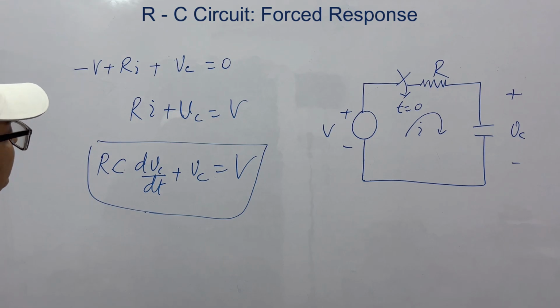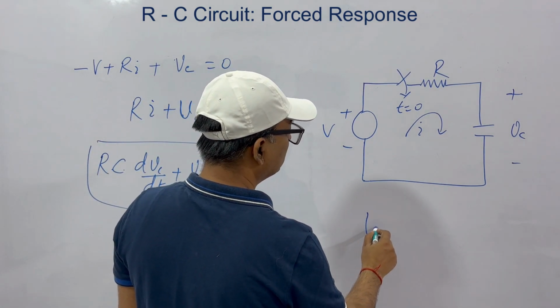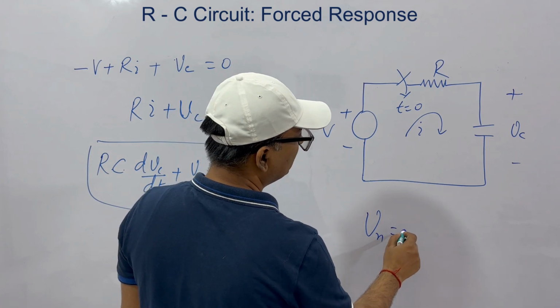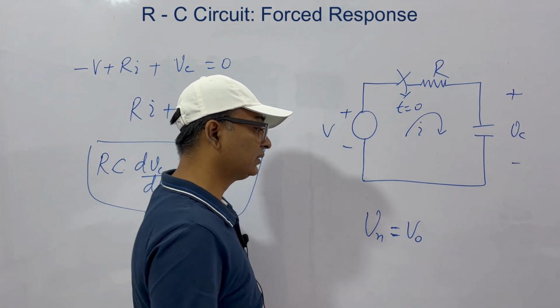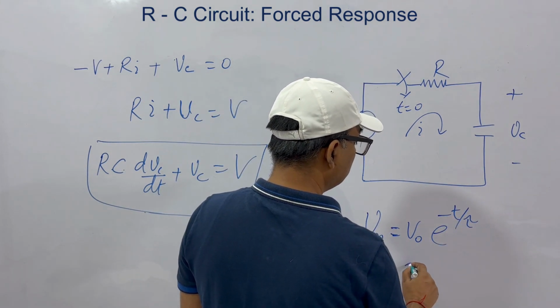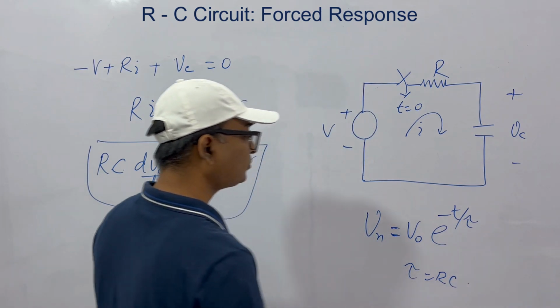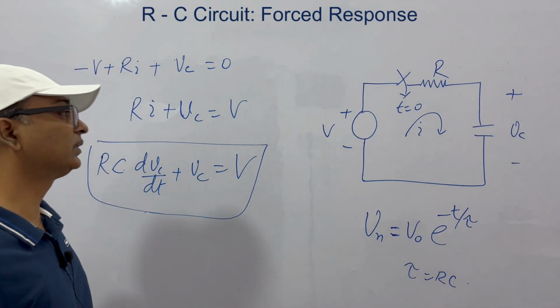Now you know that the natural response voltage is equal to V0 e to the power minus t by tau, where tau is RC, if the initial condition is V0. This we have seen, the natural response. What about the forced response?